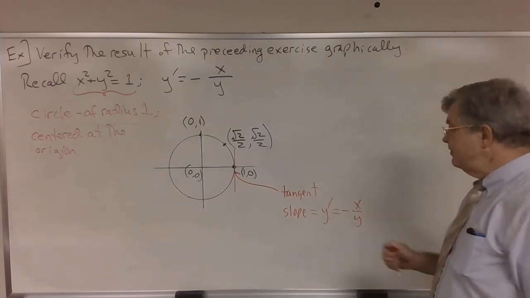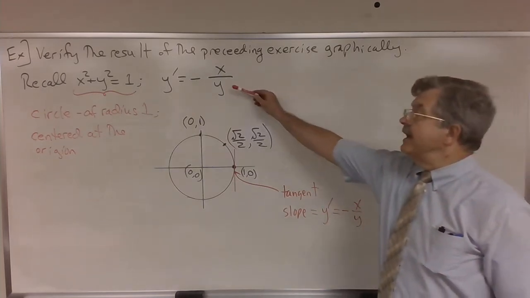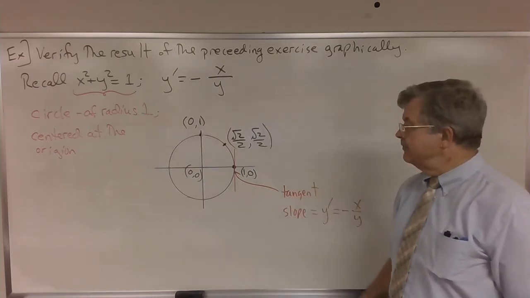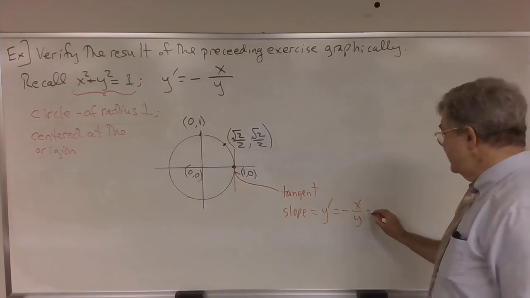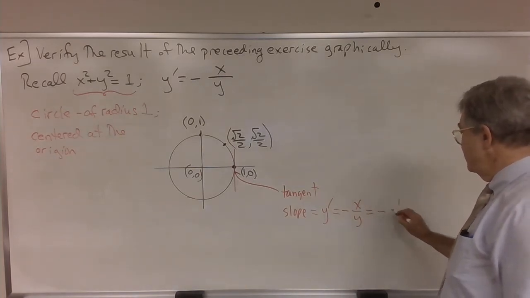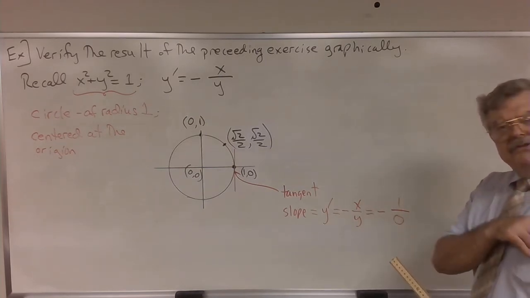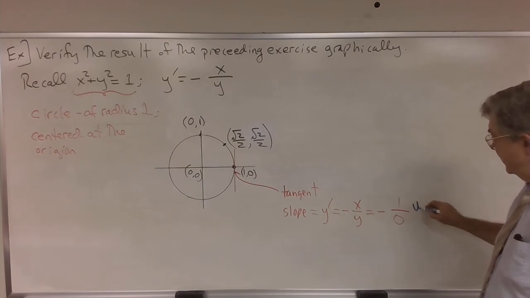And the slope of the tangent is y prime, which in our exercise we computed to be negative x over y. X is 1, y is 0. So that's negative 1 over 0. What's negative 1 over 0? It's undefined, right?